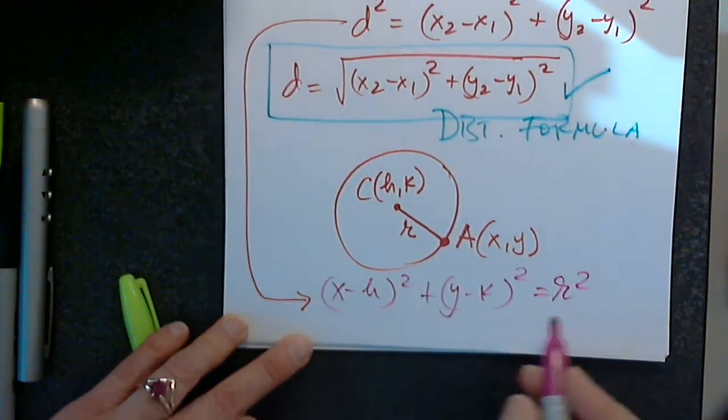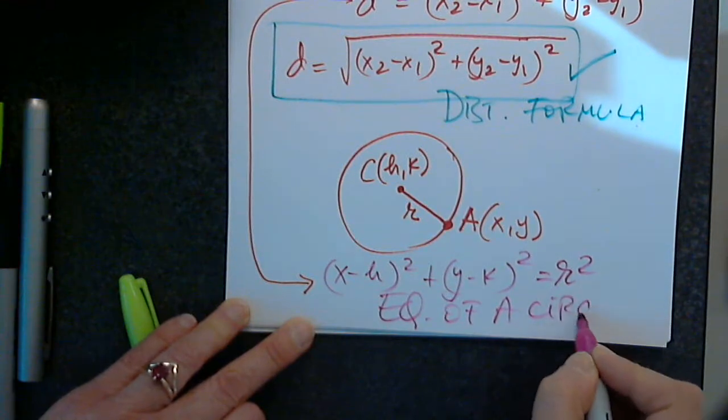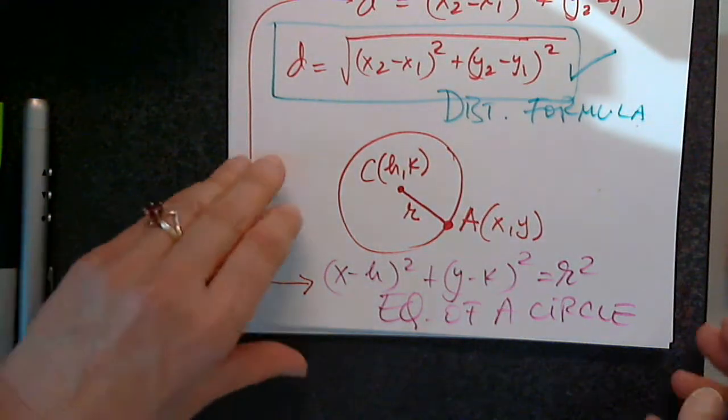That's it. This is the equation of a circle. And how did we get it? From the distance formula, in which we replace the distance between the 2 points, the center and the point on the circle. We replace in the formula the distance and the coordinates of the circle.